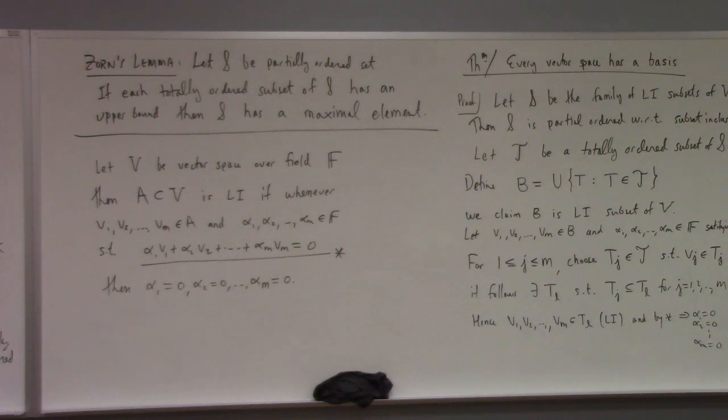He says since A is a maximal linearly independent set, A union the singleton V is linearly dependent by maximality, which then implies what?